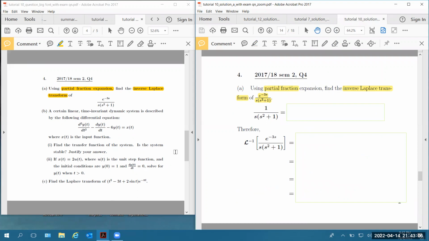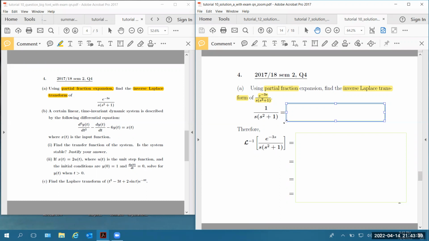So let's do partial fraction. Obviously, you cannot do it with the e to the power minus 3s, so you have to take it out. You just do 1 over s times (s squared plus 1). This one you can factorize: you have an s and an s squared plus 1, and s squared plus 1 cannot be factorized further.